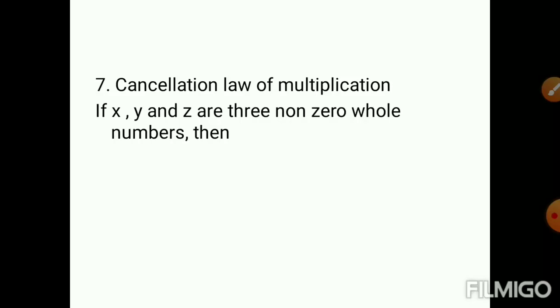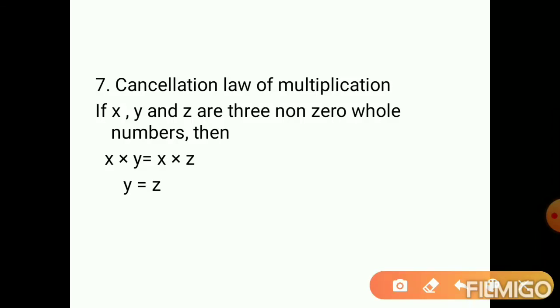Now my last property is the cancellation law of multiplication. It says that if x, y, z are three non-zero whole numbers, then x into y equals x into z. We will cancel out the x from both sides, so y will be equal to z.